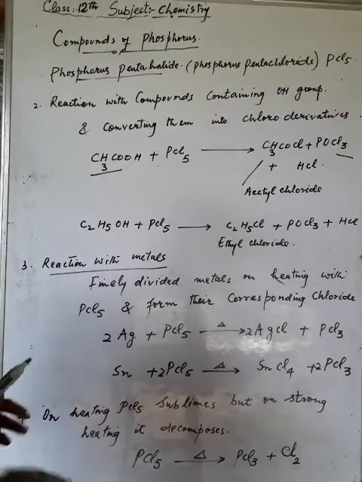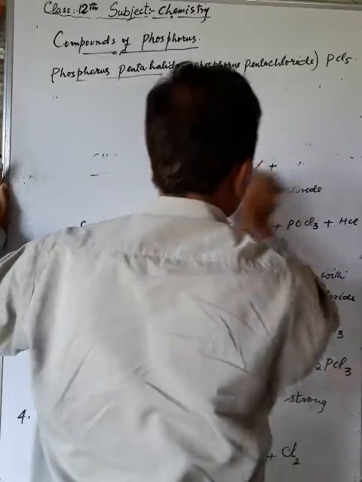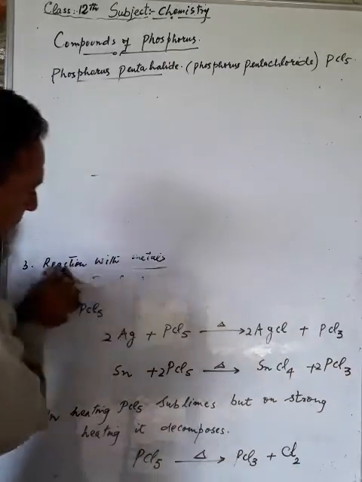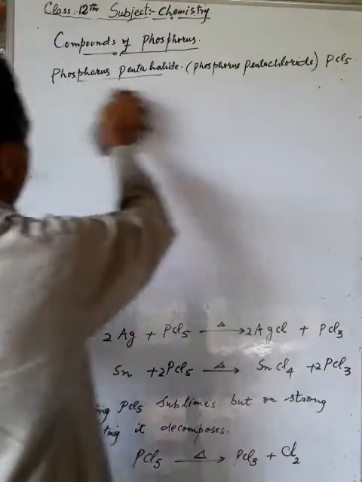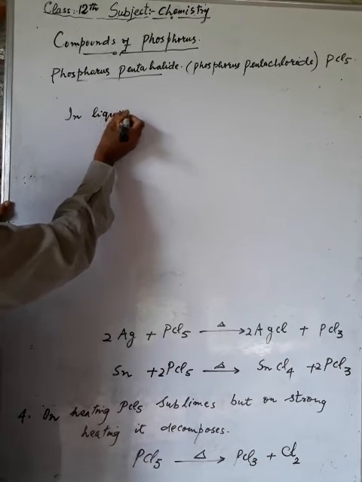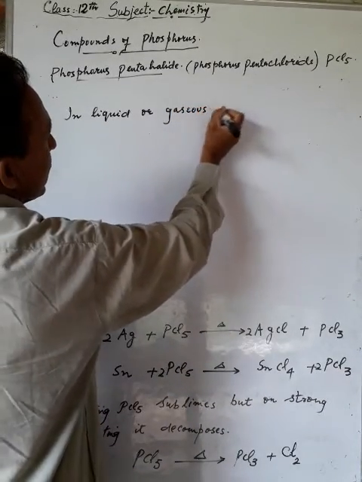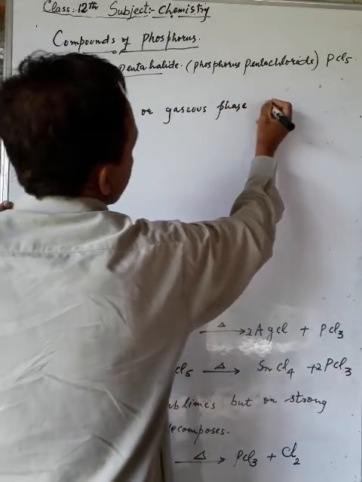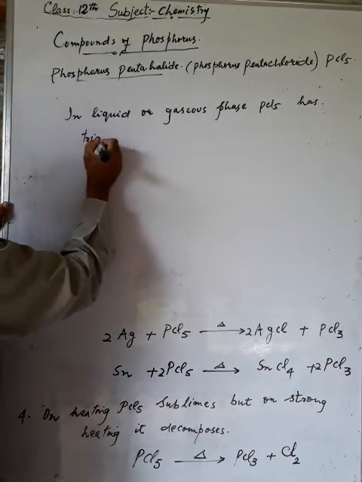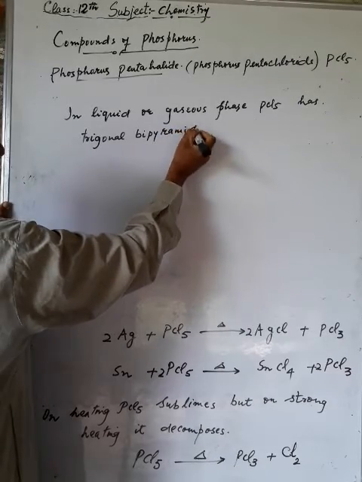Now the structure of PCl5. In liquid or gaseous phase, PCl5 has a trigonal bipyramidal structure.